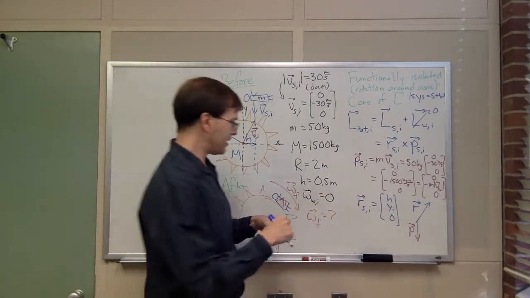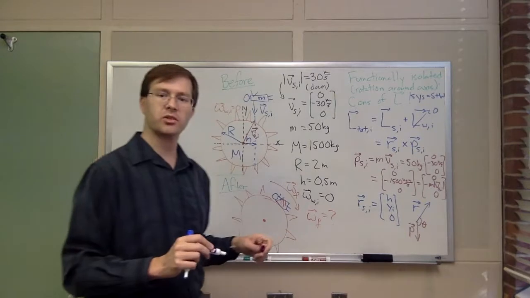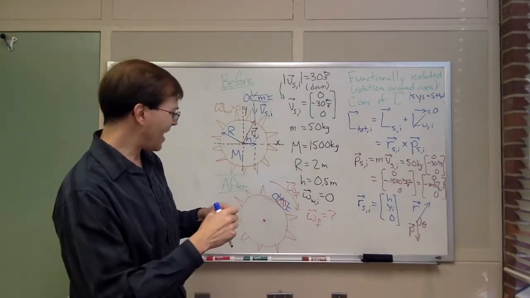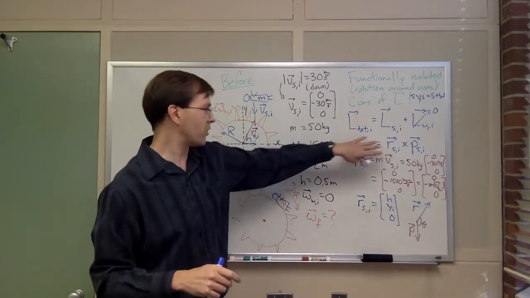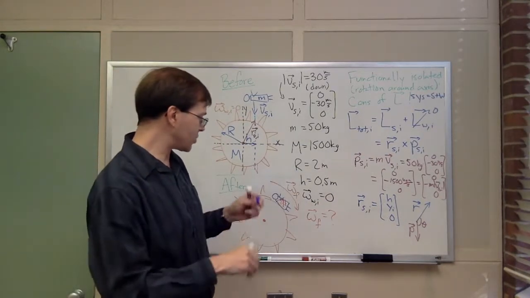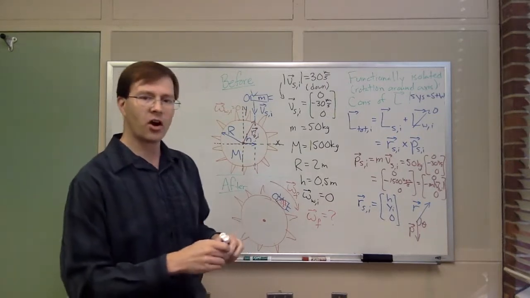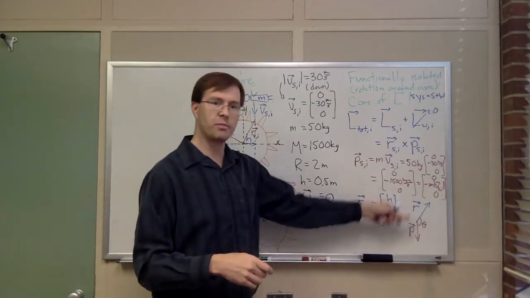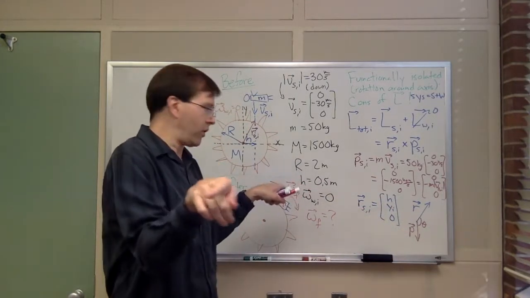This angle here is the theta between the two vectors, and that's the cross product that I'm taking. The angular momentum is the cross product of r cross p. One thing I can do is look at the direction. The direction of r cross p is perpendicular to both r and p. Since they're in the plane of the board, it'll be into or out of the plane of the board.